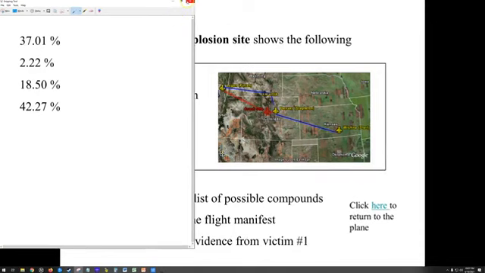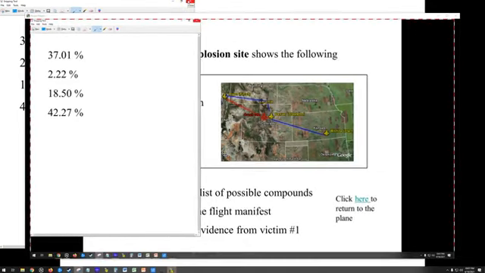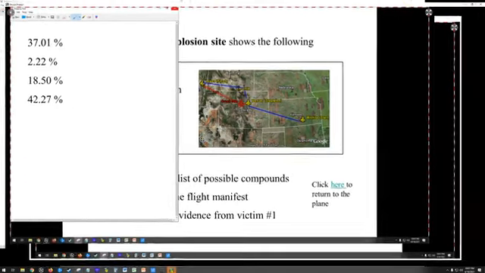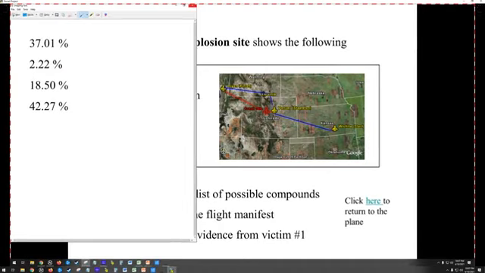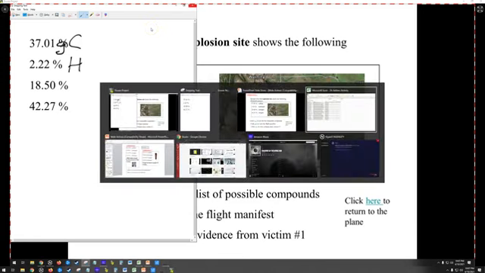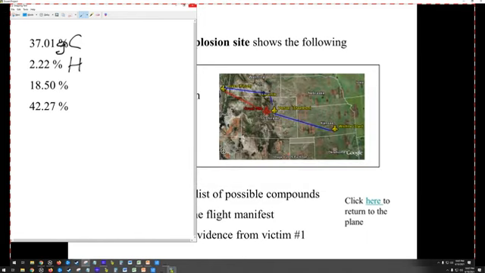Okay, so what I'm going to do here is, again, turn these to grams. So that's carbon. This one's hydrogen. Next one's nitrogen. Next one's oxygen.